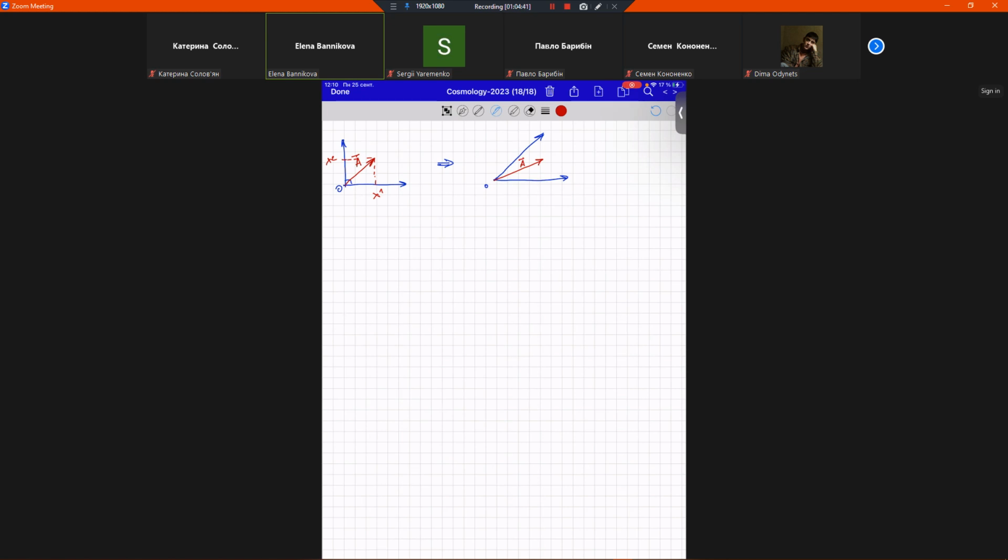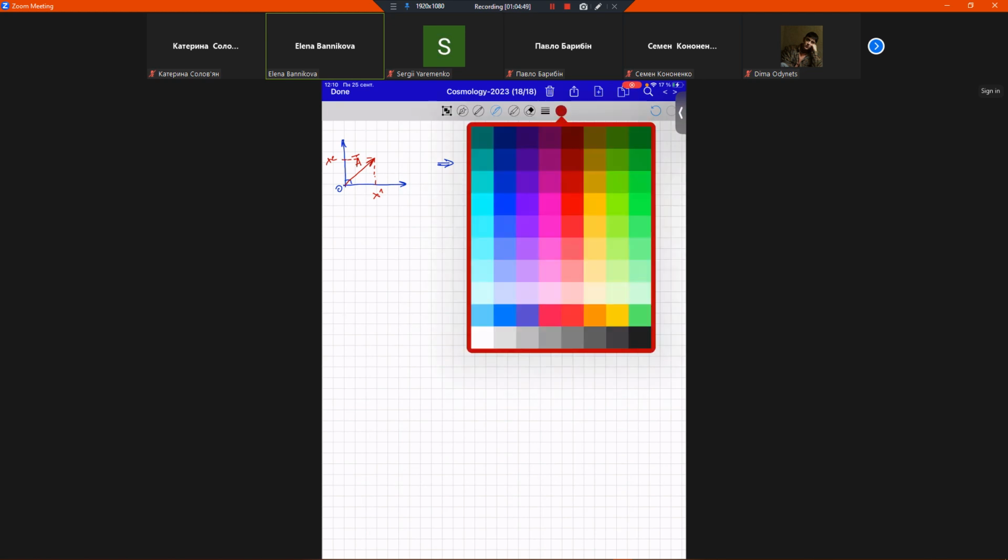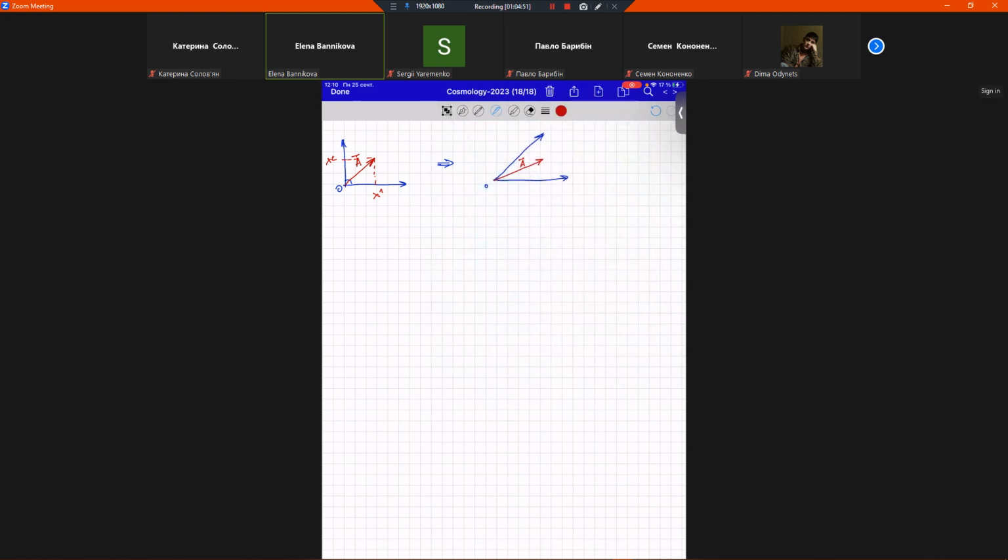The first way is consideration using the basis. It means that we can put a line parallel to the coordinate axis. Let's call it x with index 1, x with index 2.